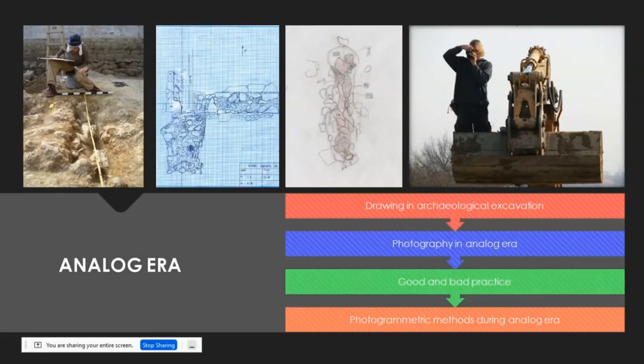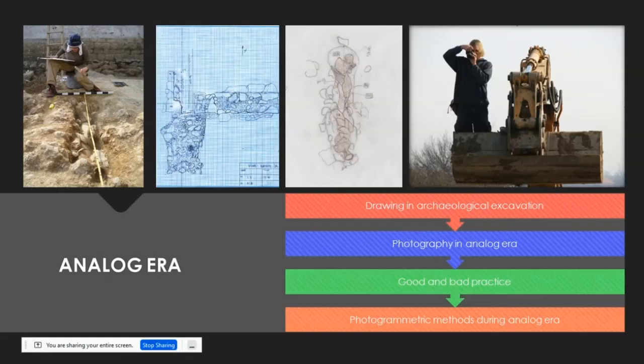Drawing is by definition an interpretation, while photography as a medium is objective, but one individual still decides what and how to photograph. So photography should also not be considered 100% objective.